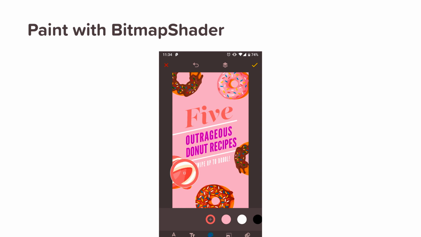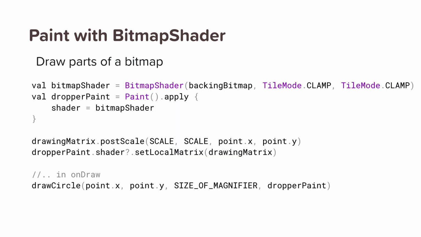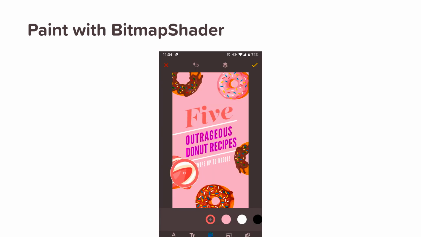But did you know Paint can also do other cool things, such as working with shaders? In this example, the good old color dropper view, we used a shader to draw that zoomed in bitmap that's in the middle.